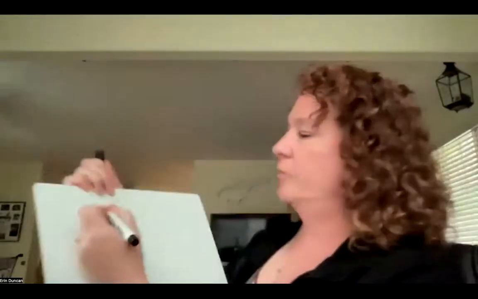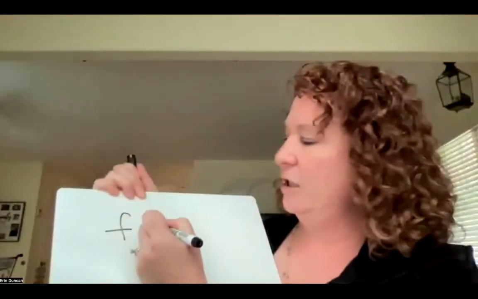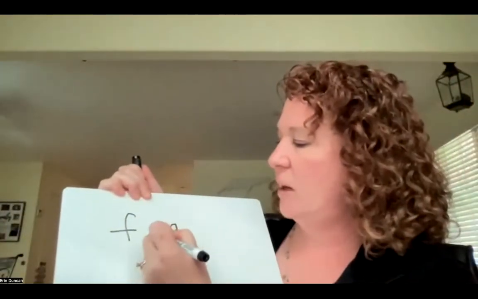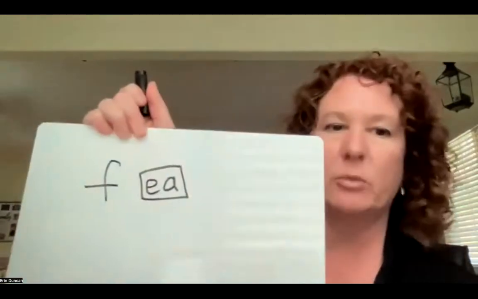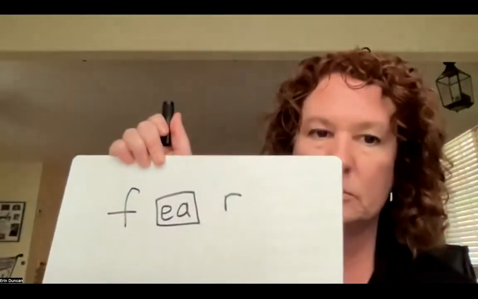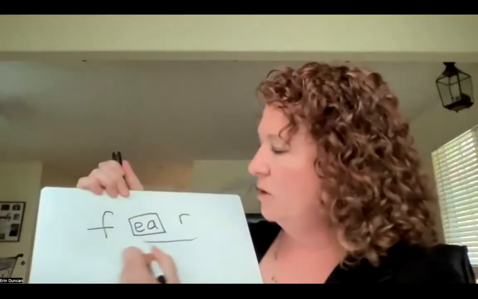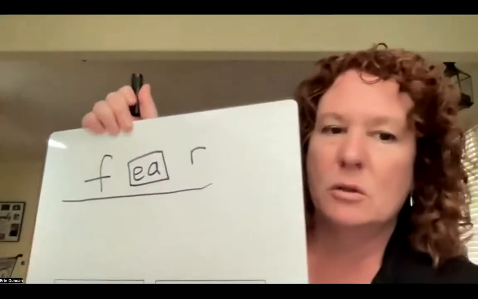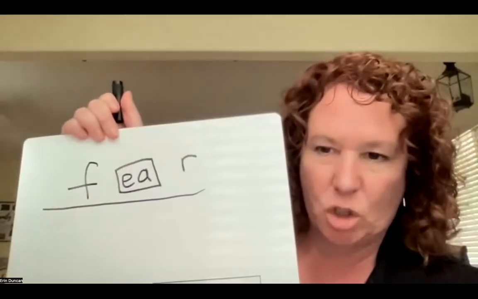So if I do this here, can you see it? We've got F is pretty easy. E, well, we use this to represent the E sound quite a bit, don't we? And I think what's confusing is, if you look, was she looking at the chart maybe?